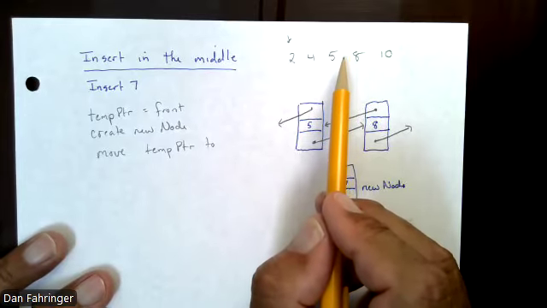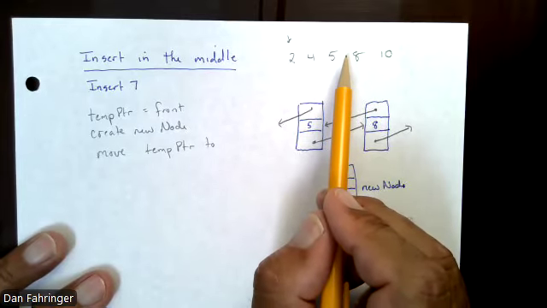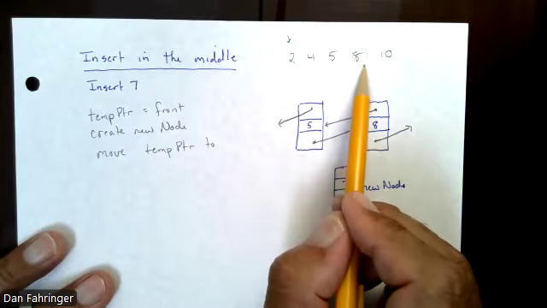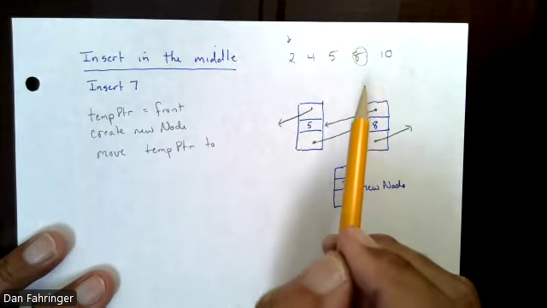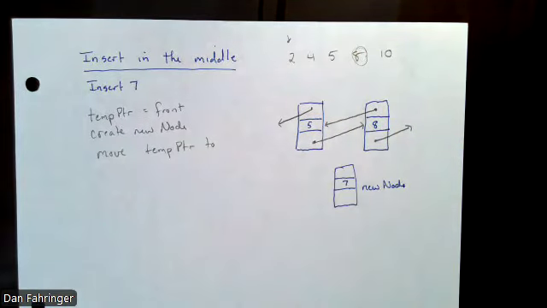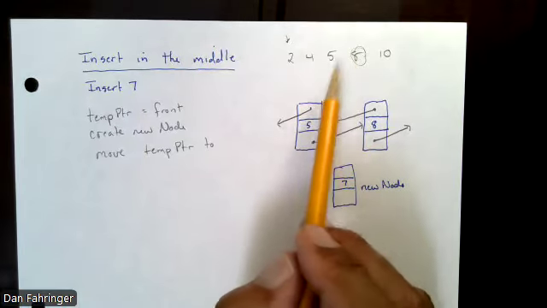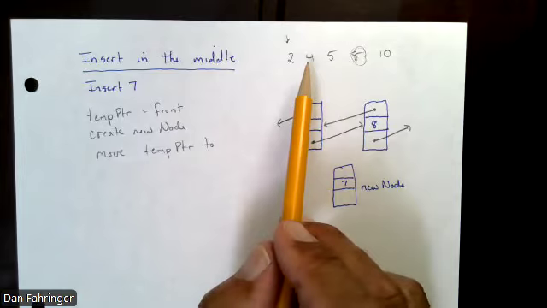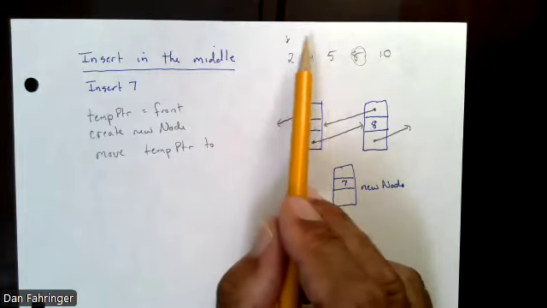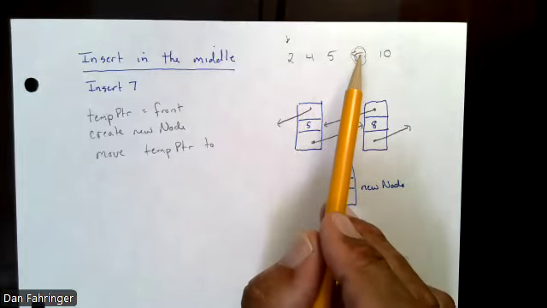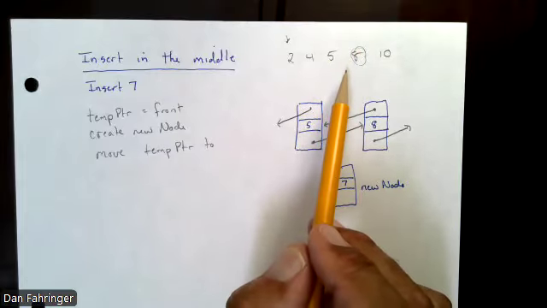How would I know to insert it here? It would just be based on the 8. I just know I haven't found the number bigger yet. So I'm going to keep going until I find a number bigger and put it in the middle.